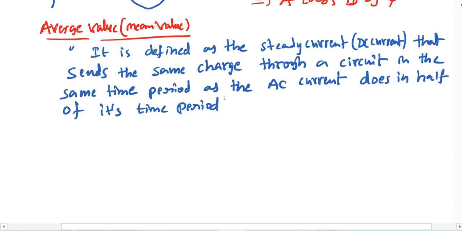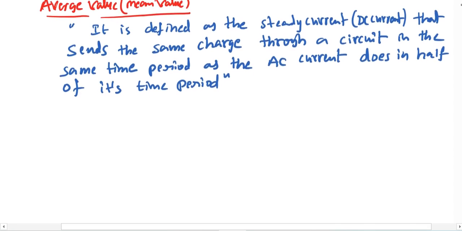So this is a very lengthy statement for average value. This is the statement that has been given for average value.